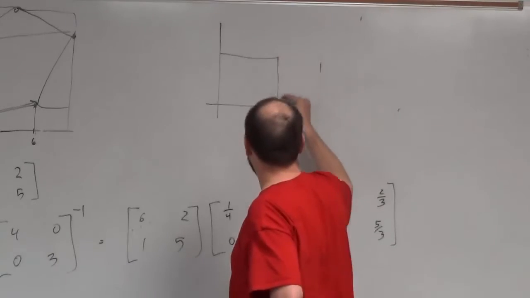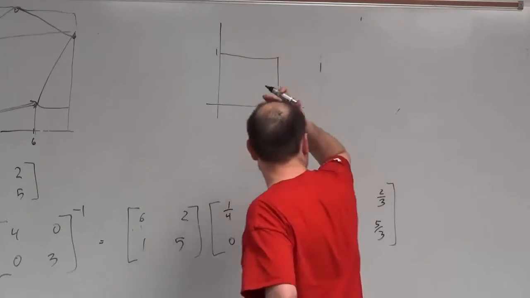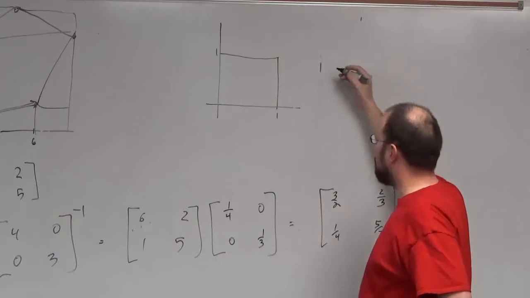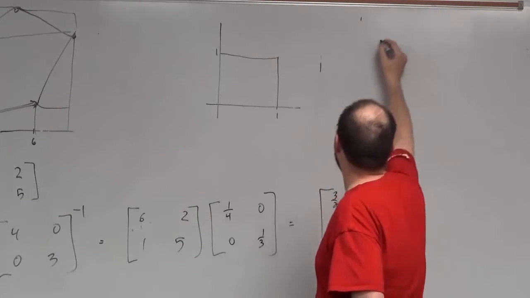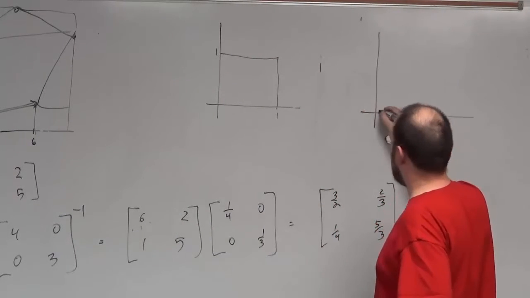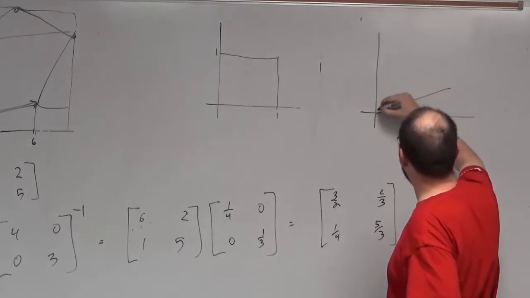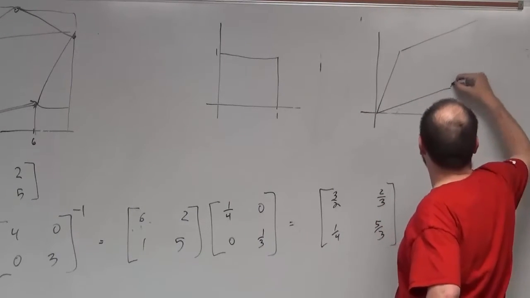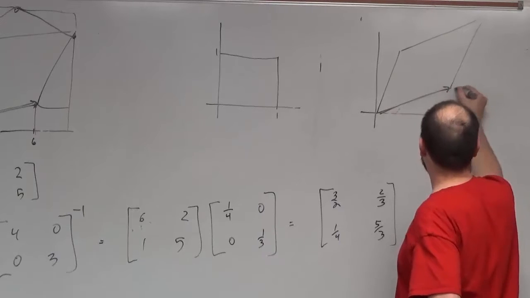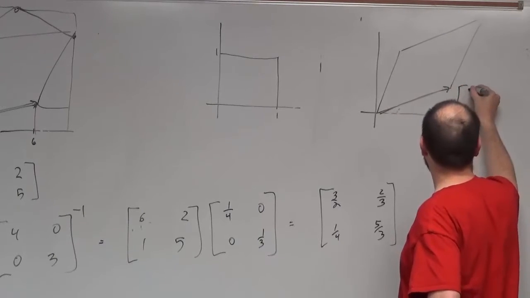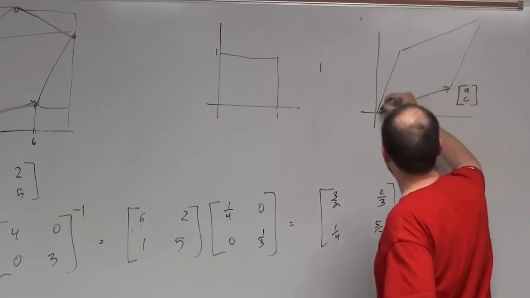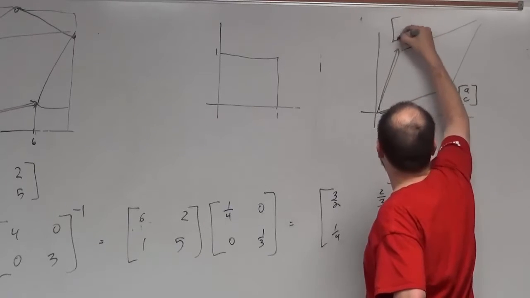So if you want to motivate the relationship, think of a unit square. Think of mapping that unit square to some parallelogram, where this is like vector AC, and this is vector BD.